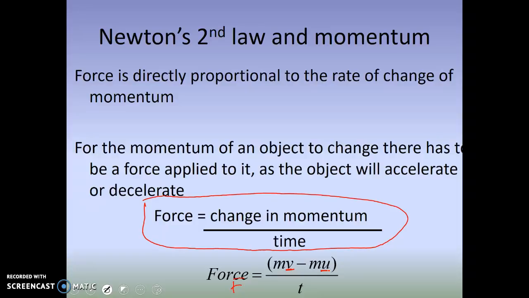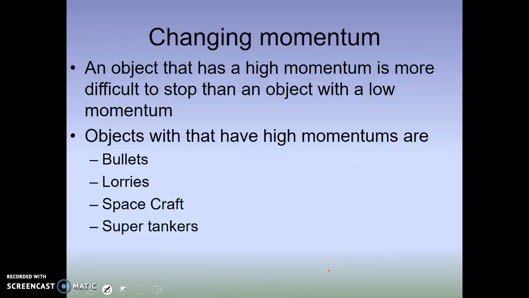Okay, so that's the relationship. The bigger the force, the bigger the rate of change in momentum. Things that have big momentum are things that are either very heavy or very fast, or a combination of the two. So what this relation between force and momentum tells us is that all of these things which have big momentum will require a very big force to stop them.